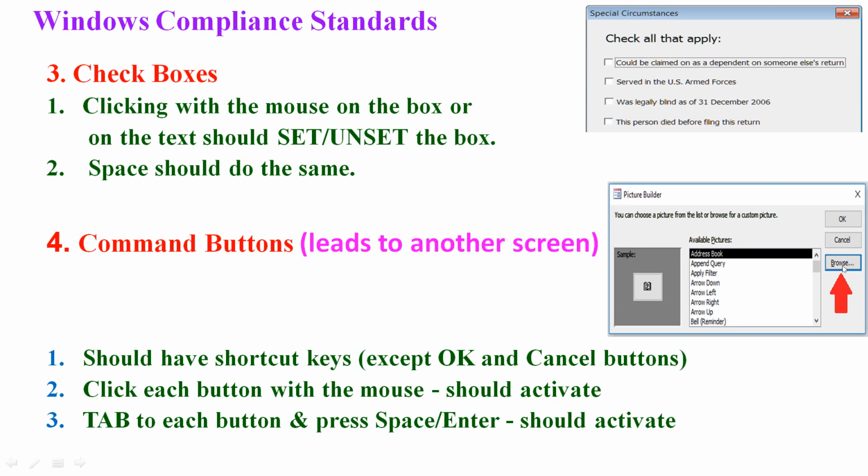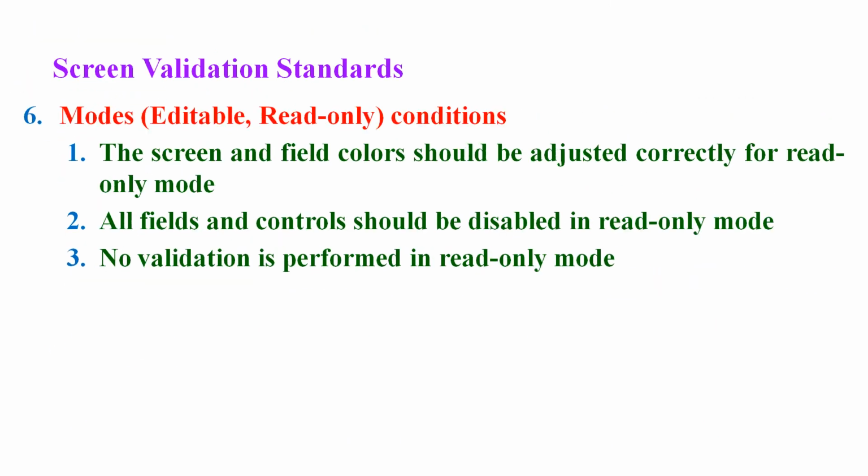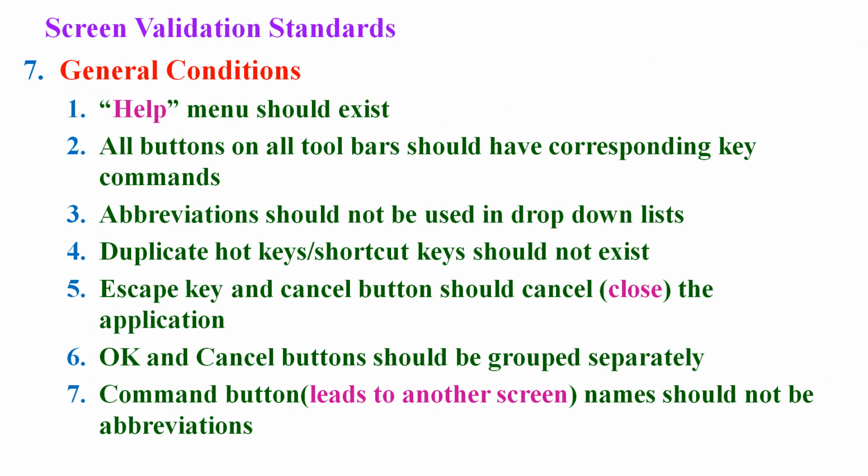Instead of browse, if you use BWS, is it possible for the end user to understand? No. Only if you mention the full name on this command button will the user be able to understand, yes, this is browse. If you mention BWS or BWE or something, the user will get confused, right? The user will not be able to understand. So that is the meaning.